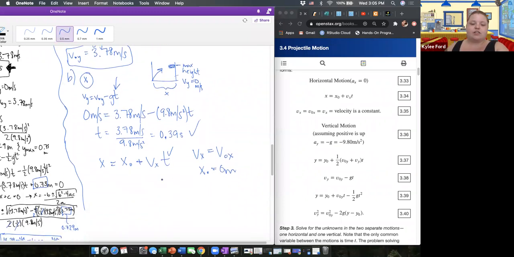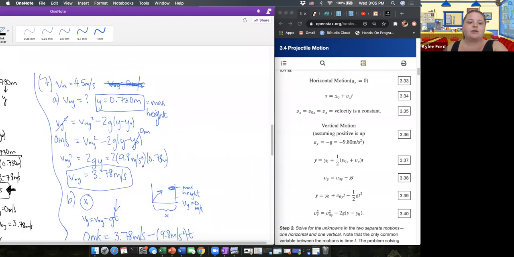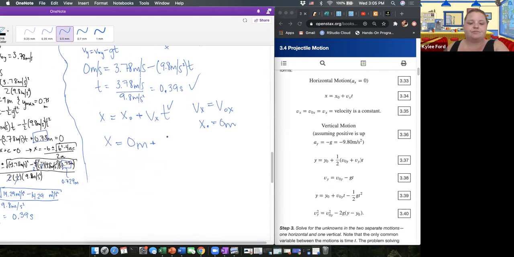So x is equal to 0 meters plus v naught x, which is my initial velocity in the x direction, given in the problem. It's 4.5 meters per second.